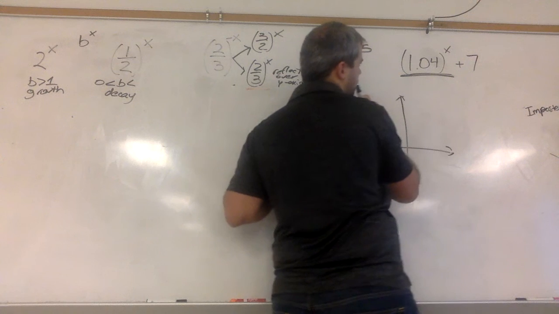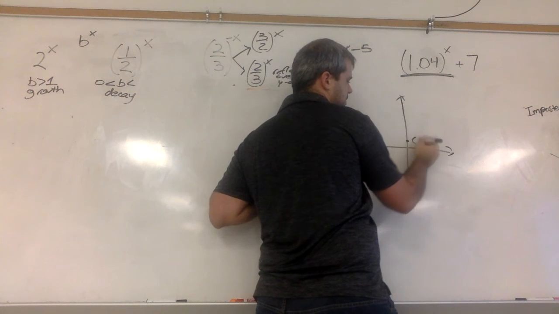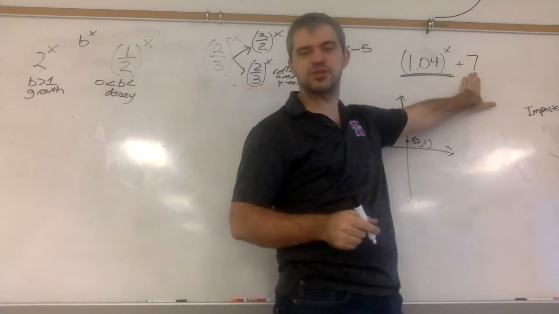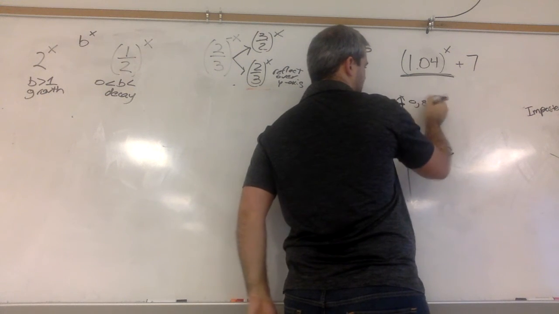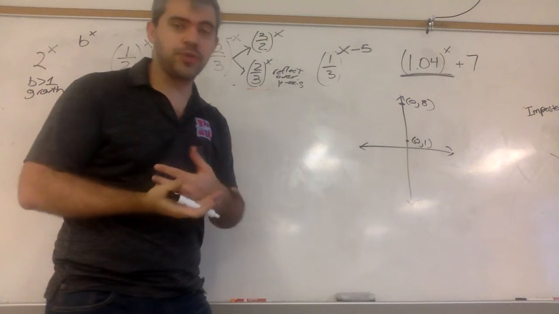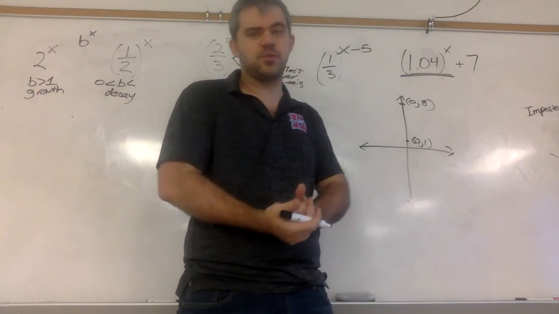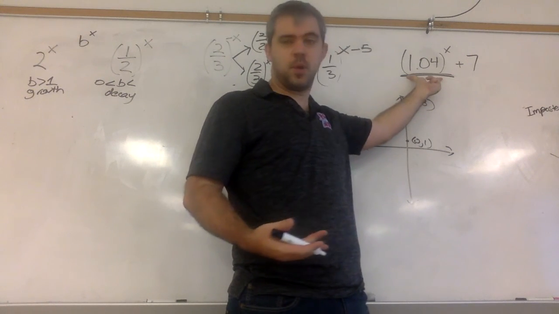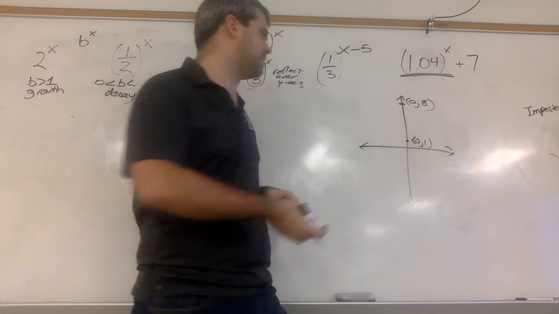So 1.04. Now, normally we would start here at (0, 1), but you'll notice everything has been shifted up 7. So I'm actually going to start at (0, 8). Now, is this exponential growth or decay? Well, I mentioned that it's tied to interest, so it's increasing. And if you look, 1.04 is bigger than 1. Not by much, but it is.